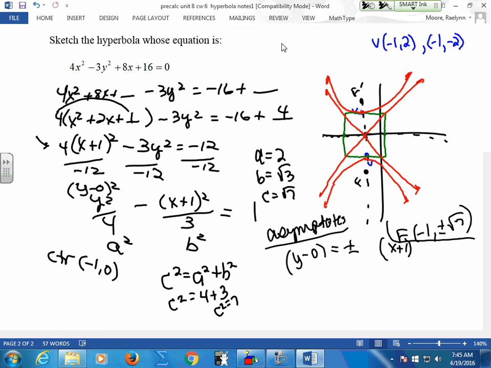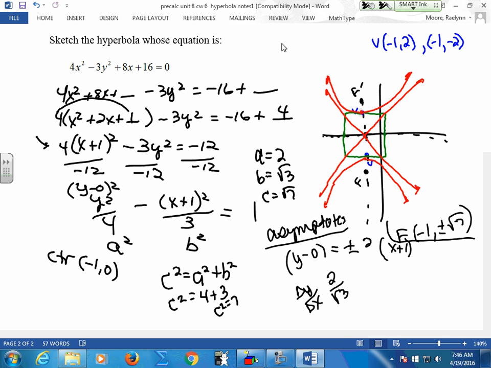So start with your y minus whatever, your x minus whatever. Take those right from your formulas, and then put your slope in here. Change in y over change in x. So go to your y and take the square root of 4, which is 2. Go to your x, underneath, take the square root of 3.